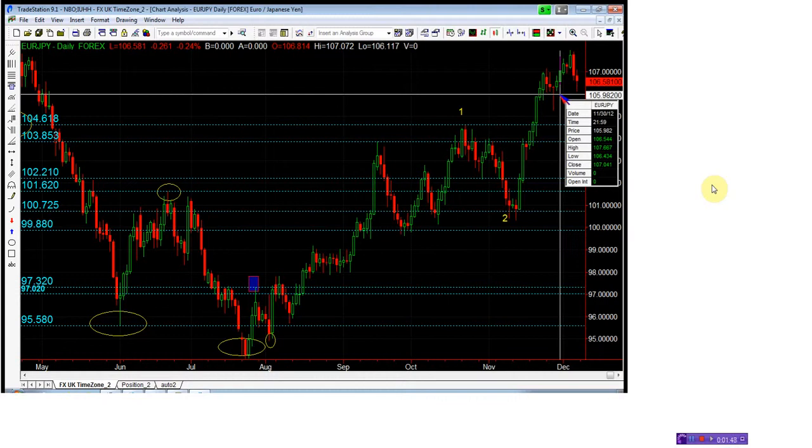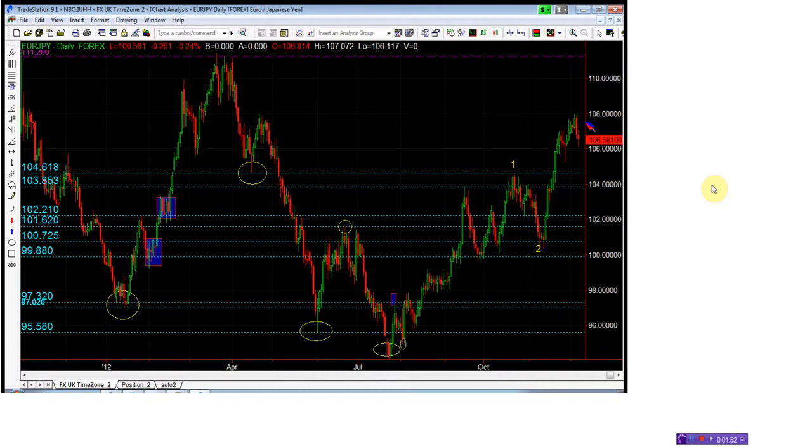Not bad. So we're looking for this to continue to push higher, and right now, having closed at 106.58, our buy is going to be quite easy. We're just going to take it.